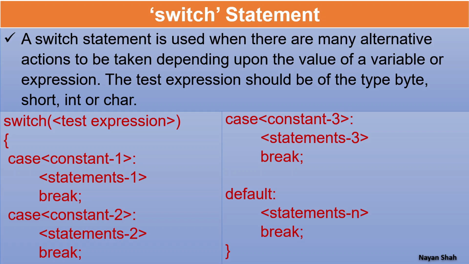Now you know that there is no standard like 75. There are only standards 1 to 12. So that will go into default and it will do whatever statements you have written there. So it is almost like if then else. The only difference is here you have multiple options to be checked.